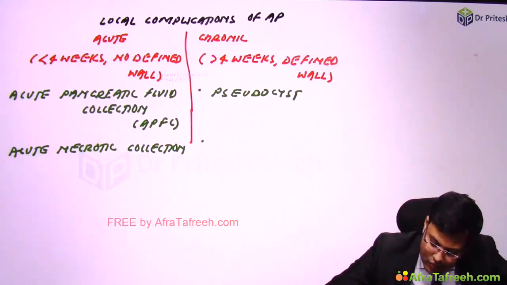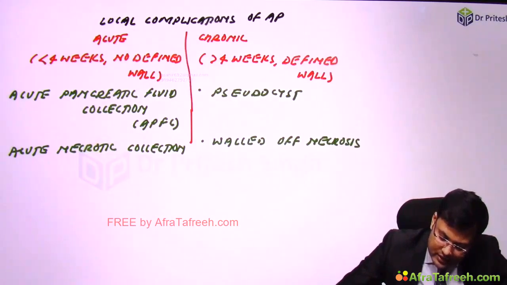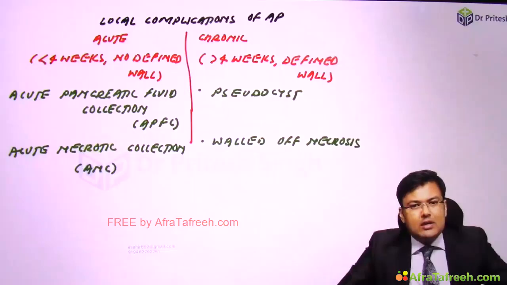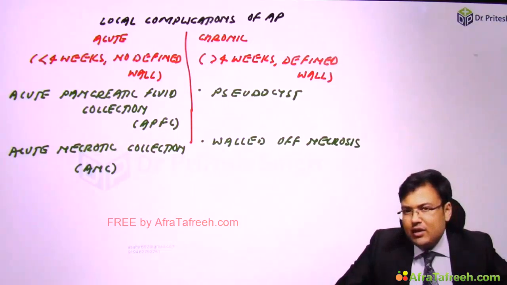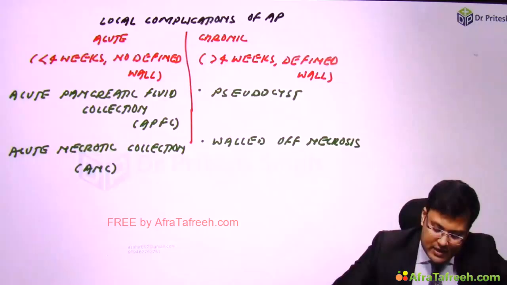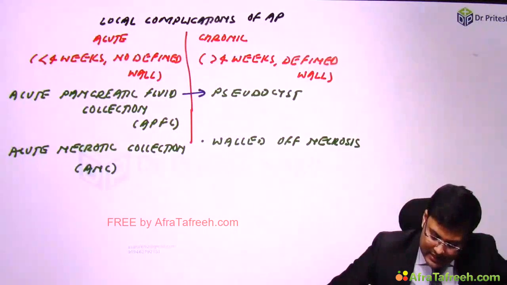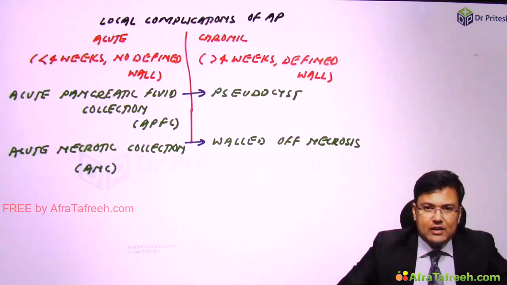This will be walled off, so known as walled off necrosis, WON in short. So acute complications are acute pancreatic fluid collection and acute necrotic collection, and when walled off, the fluid collection is converted into pseudocyst, and the necrotic collection is known as walled off necrosis.